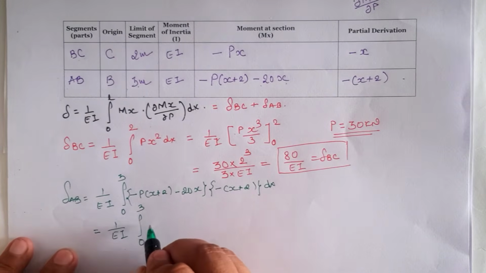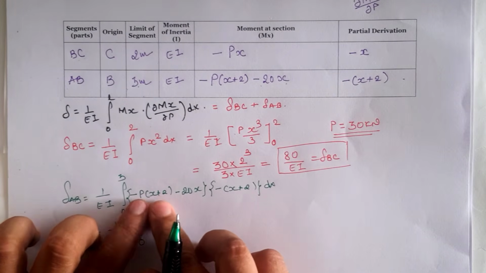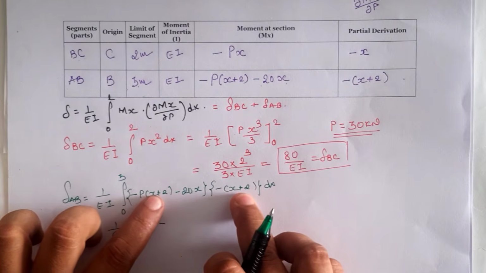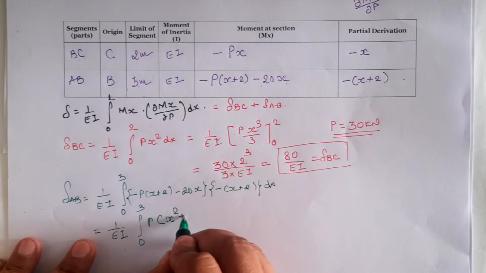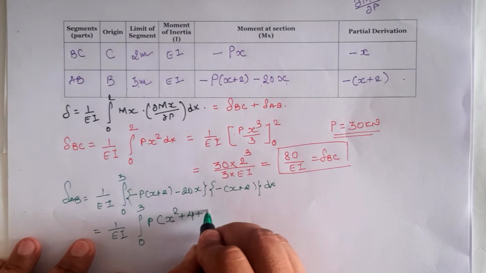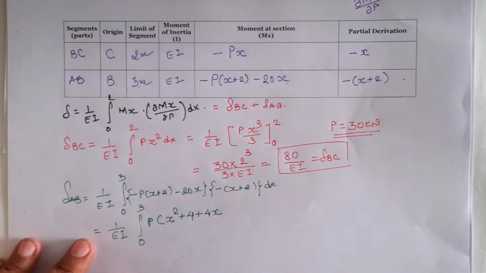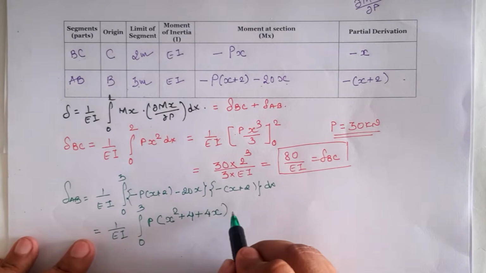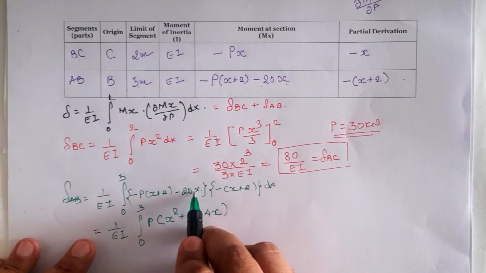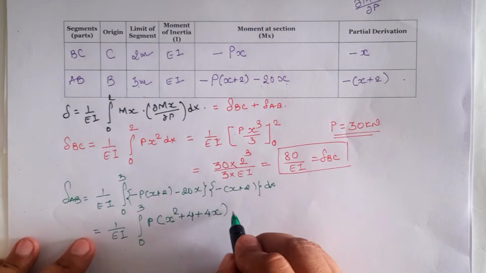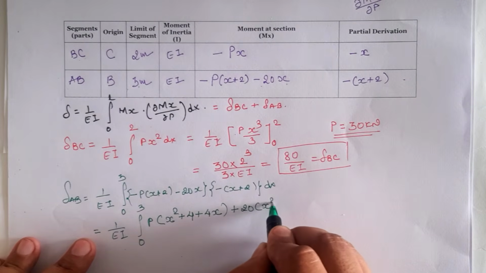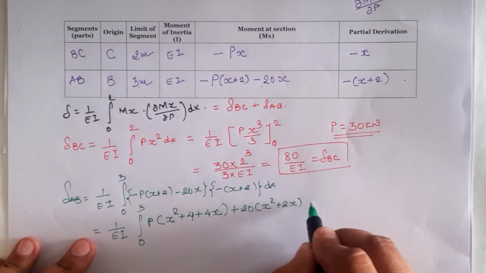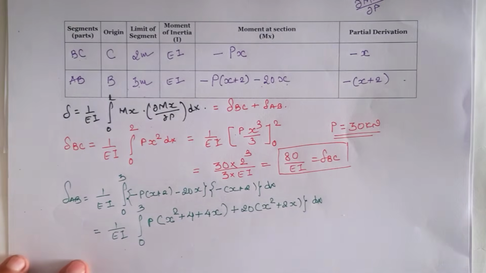Now solving this term, we will have P into x plus 2 into x plus 2, which is x plus 2 square, hence x square plus 4 plus 4x, or we can say a square plus 2ab plus b square. Now the second term is minus 20x multiplied by minus x plus 2, hence it is plus 20 into x square plus 2x into dx.